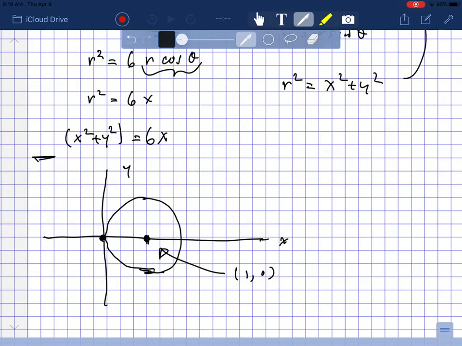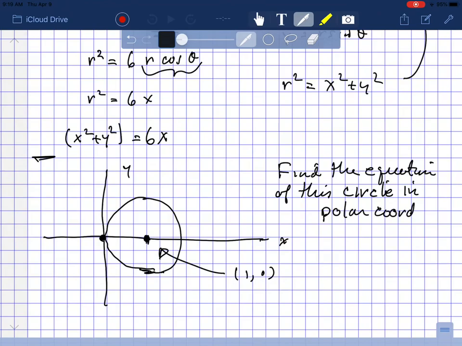And what I want to do is find the equation of this circle in polar coordinates. Okay, this takes a little bit of geometry to do.